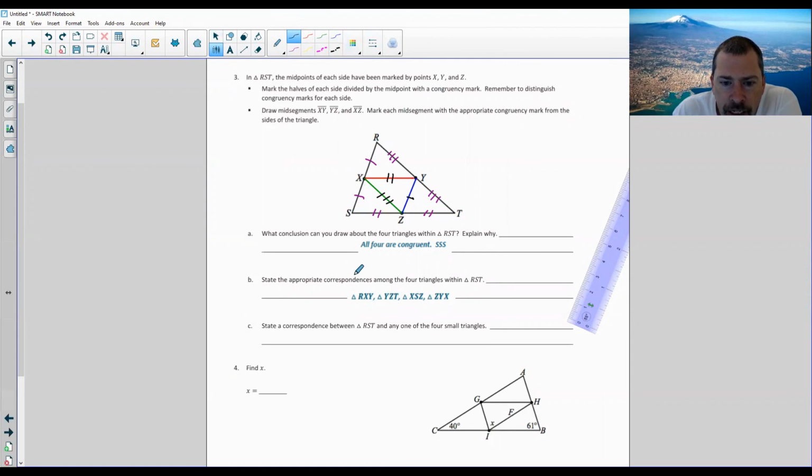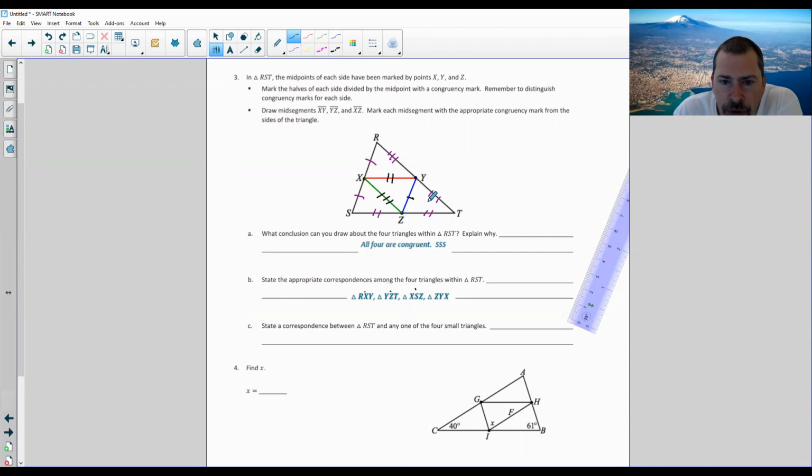Well, that would be the same as RXY, XSZ, which is right here, and YZT, which is right here.